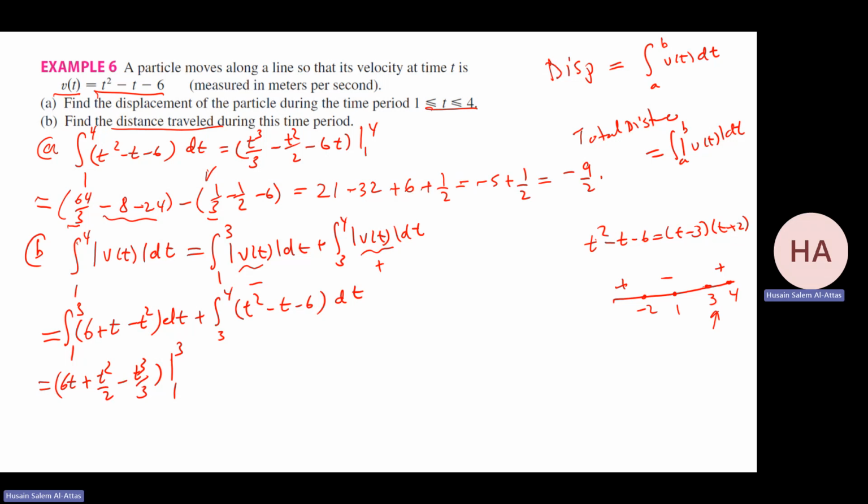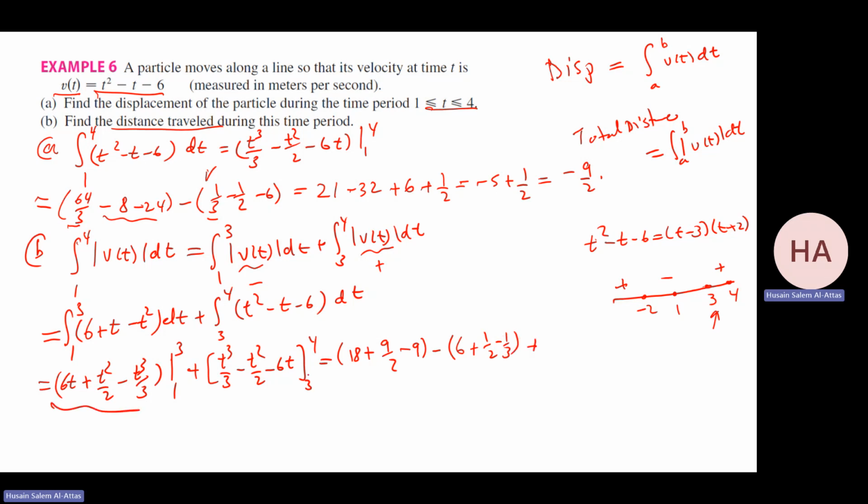Okay, now it's a matter of calculations. Plus t cubed over 3 minus t squared over 2 minus 6t from 3 to 4. That will be what? 18 plus 9 over 2, t cubed 27 over 3, that will be minus 9, minus at 1, 6 plus half minus 1 over 3.